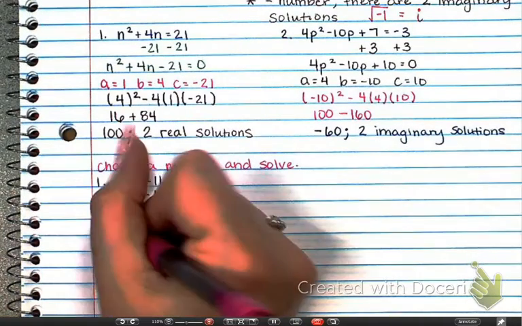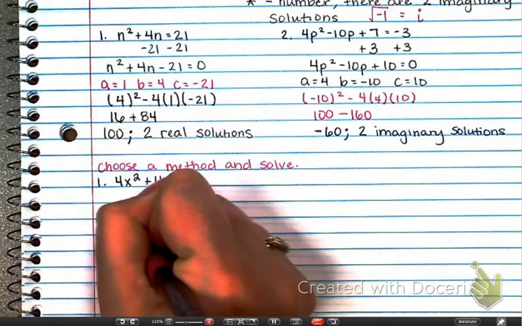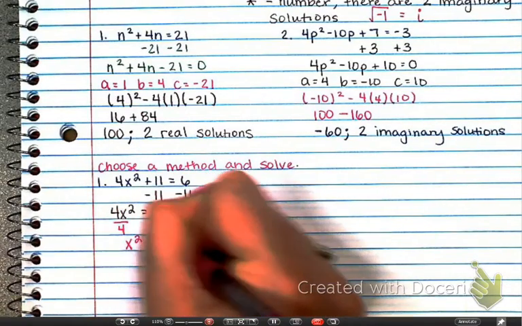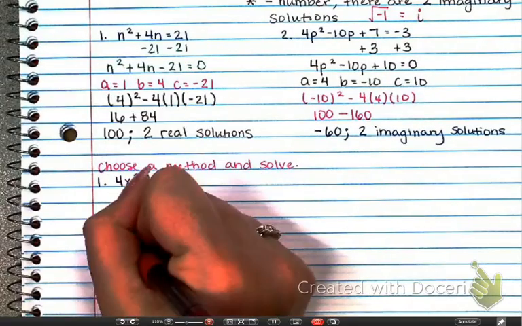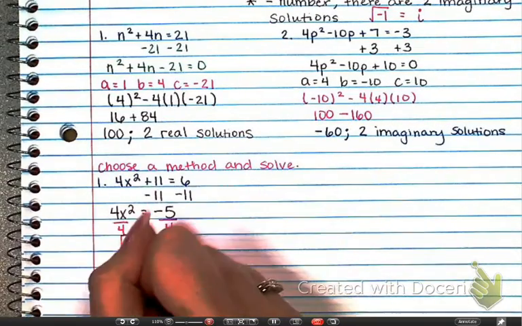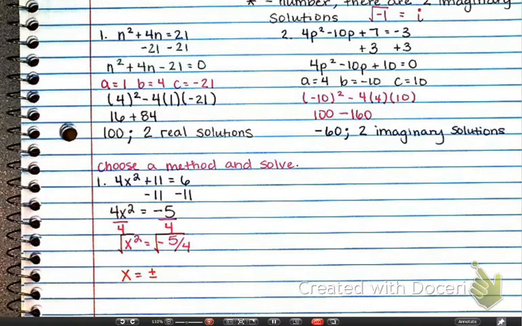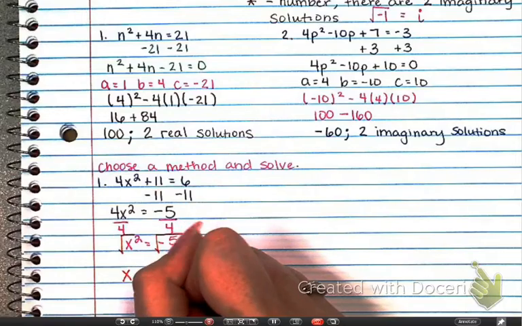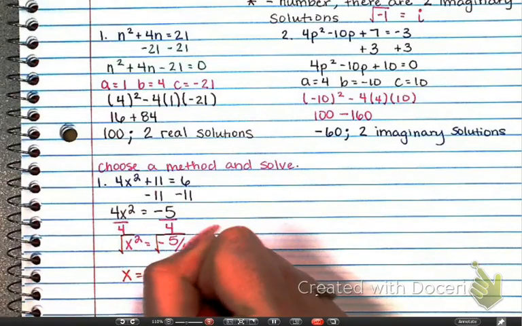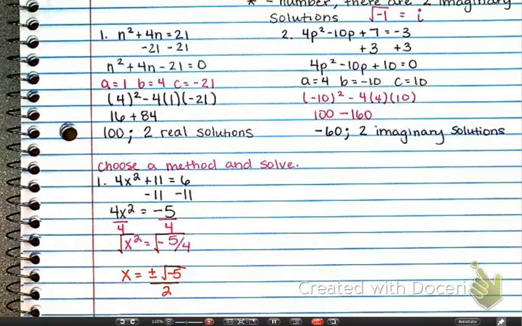If I keep going, I'm going to divide by 4. x squared equals negative 5/4. And we're going to take the square root. Now, just like before, x equals plus or minus the square root of negative 5, for right now I'm going to just keep negative 5, and we'll talk about it in a second, and the square root of 4 is 2.